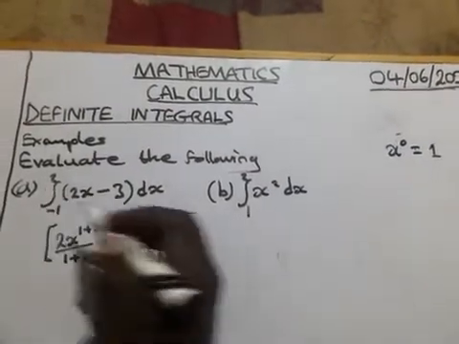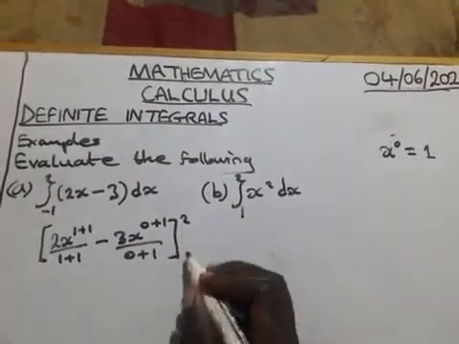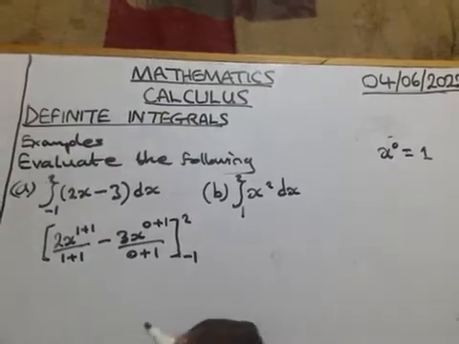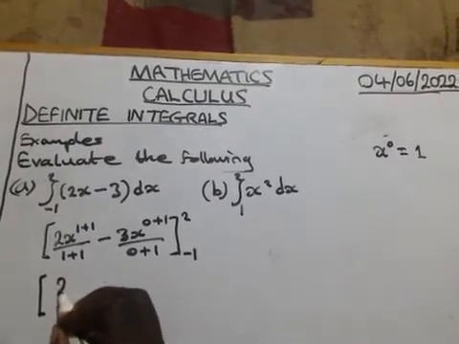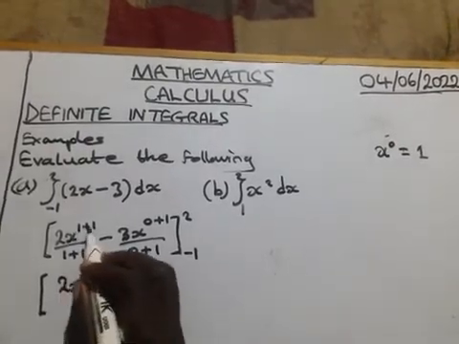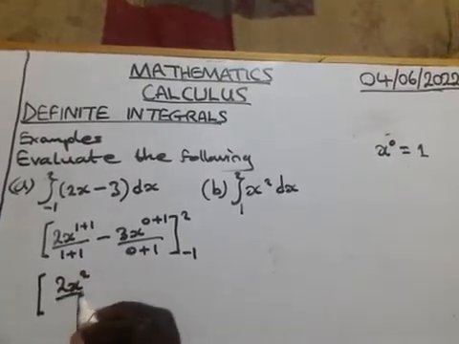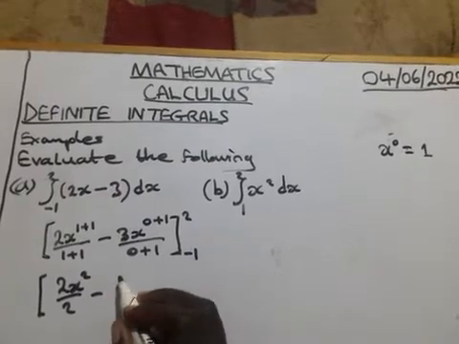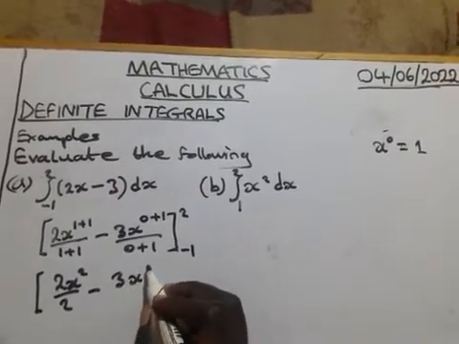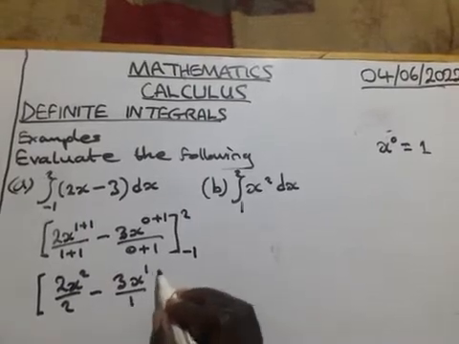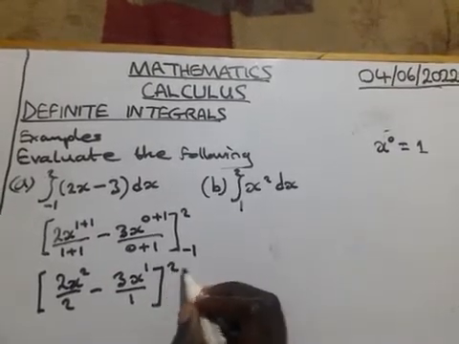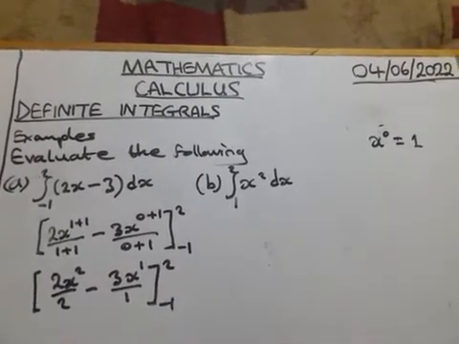Then we have to recognize the upper limit, which is 2, and the lower limit, -1. So this one will be 2x to the power 1 plus 1, which is 2, over 2, minus 3x to the power 0 plus 1, it's 1 over 1. Then 2, -1.